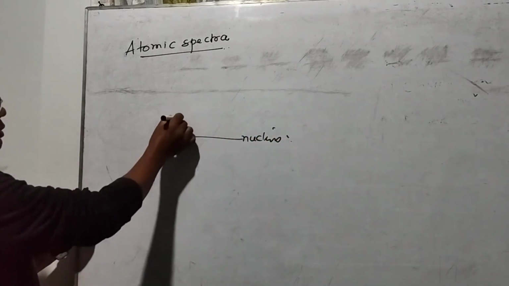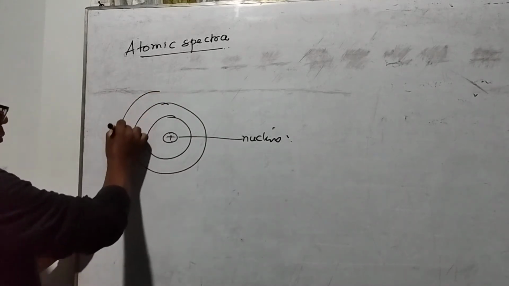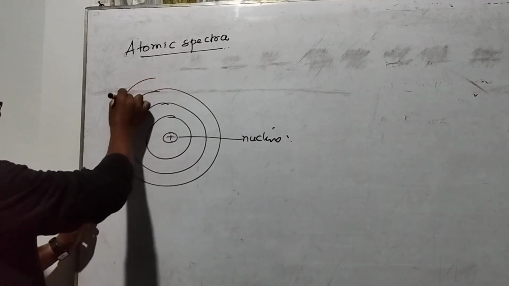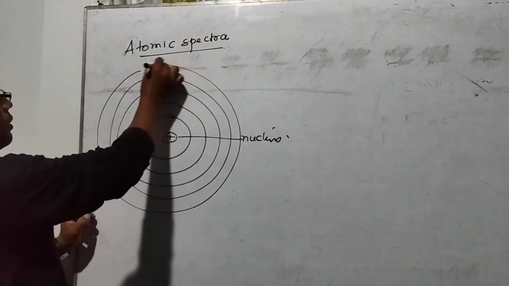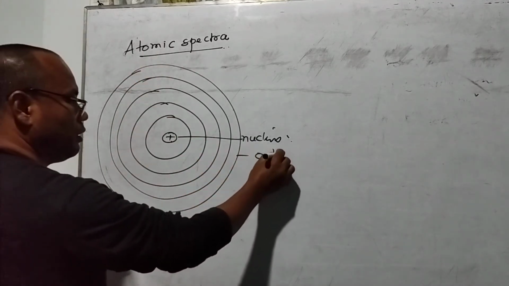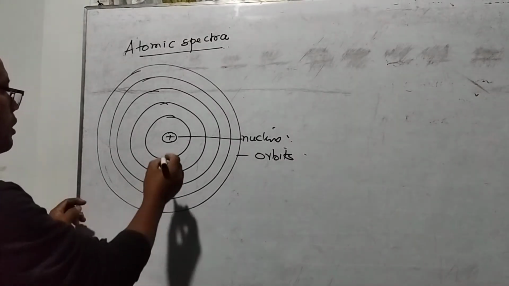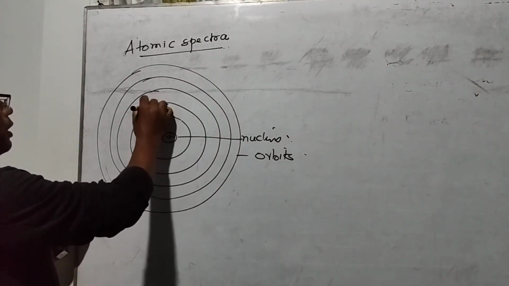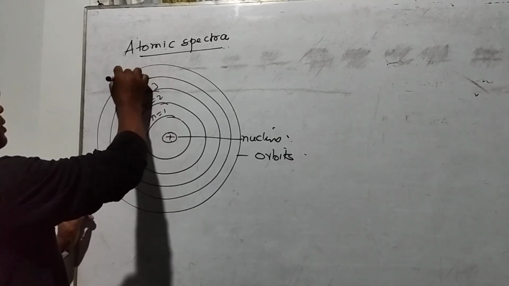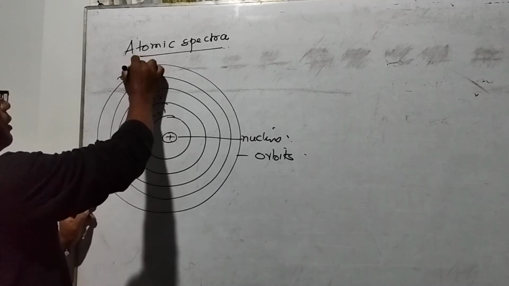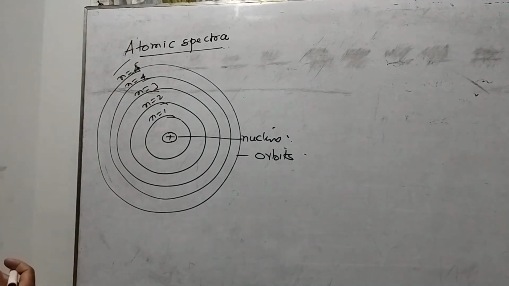Around the nucleus, different imaginary circular paths are there. This circular path, I think you know, is called an orbit, right? Starting from the nearest to the nucleus, I number them here 1, 2, 3, 4 and 5, and so on. The number of orbits can increase.